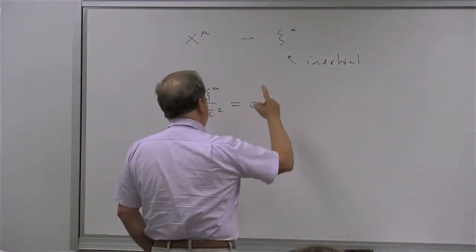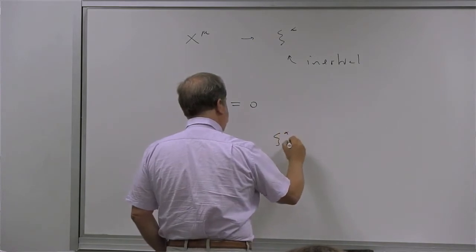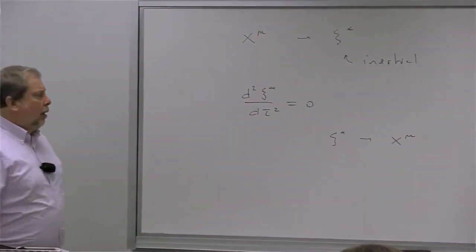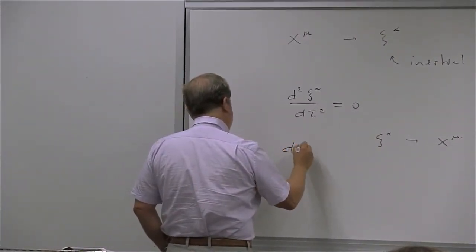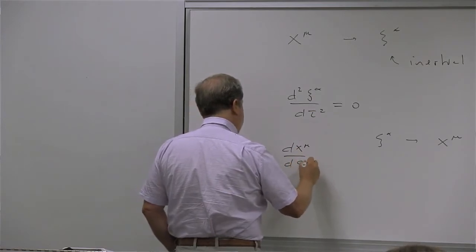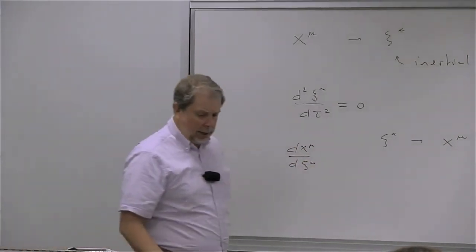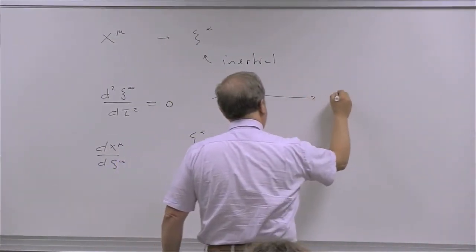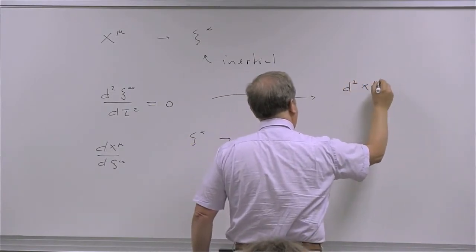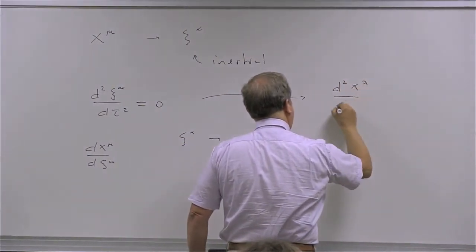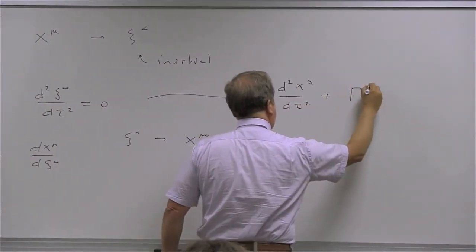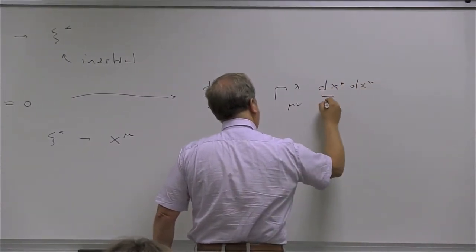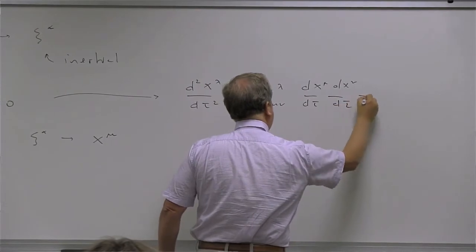And then what we do is we transform back from the xi alpha to these coordinates x mu, and we bring in things that are of the form dx mu by dxi alpha, these derivatives. So by manipulating derivatives, we write down the equation of free fall: the second derivative of x lambda with respect to tau squared plus gamma lambda mu nu dx mu dx nu by d tau squared is equal to 0.